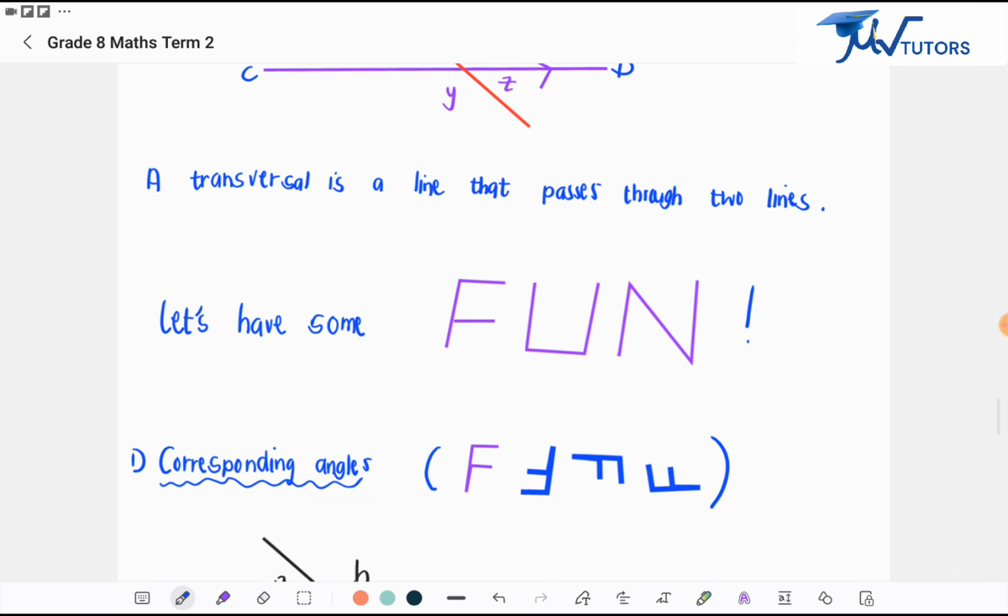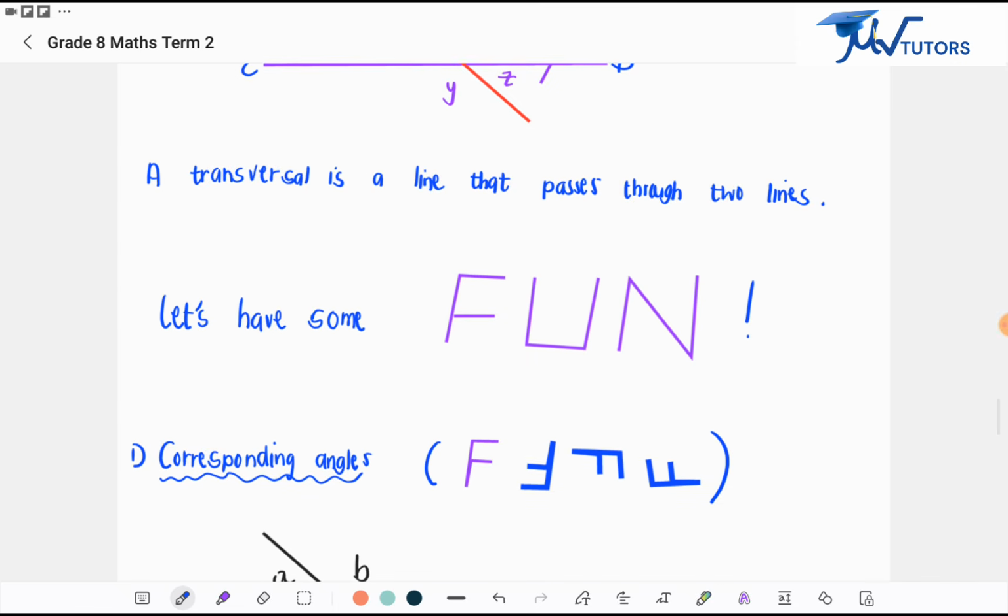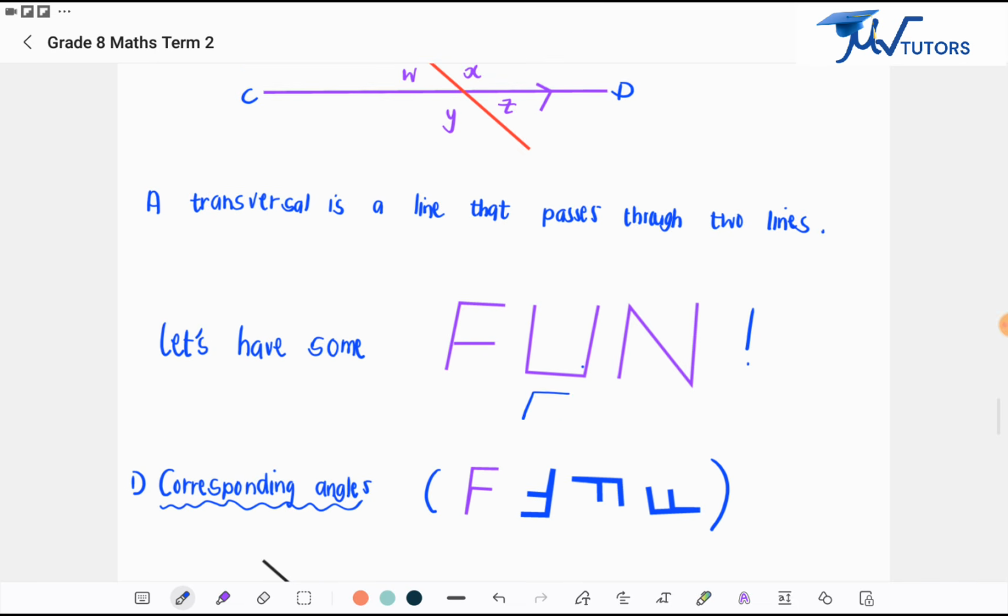Whenever you hear that you have parallel lines, you must think of three things: F, U, N, all right, or F, C, Z. You can have a C there and a Z there, but for the sake of keeping it funny, we'll just stick to fun there. All right.